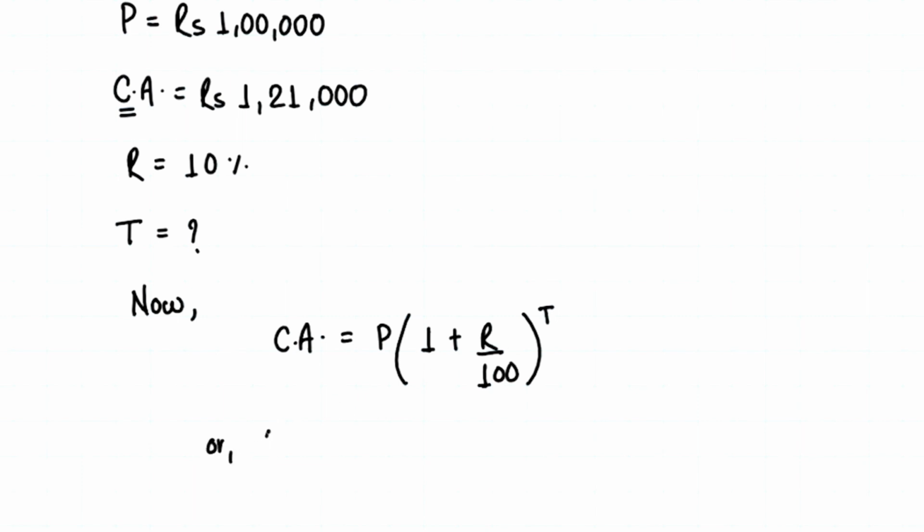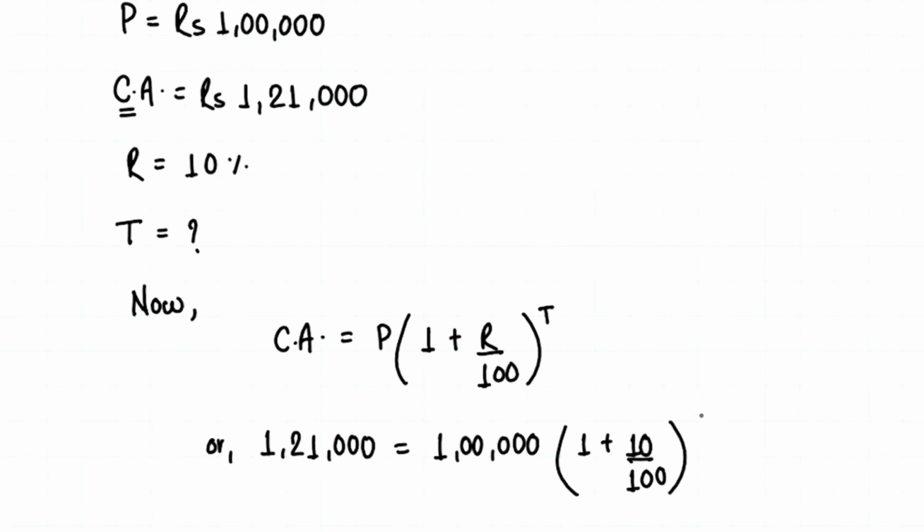So we have our compound amount as 1,21,000 equals to our principal is 1 lakh, bracket close, we have 1 plus our rate is 10 divided by 100 over here, bracket close, and we need to find this time.